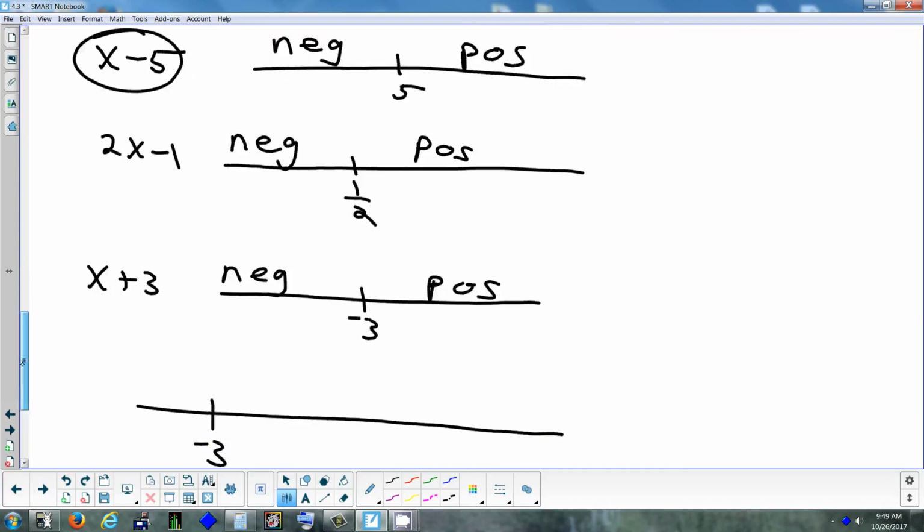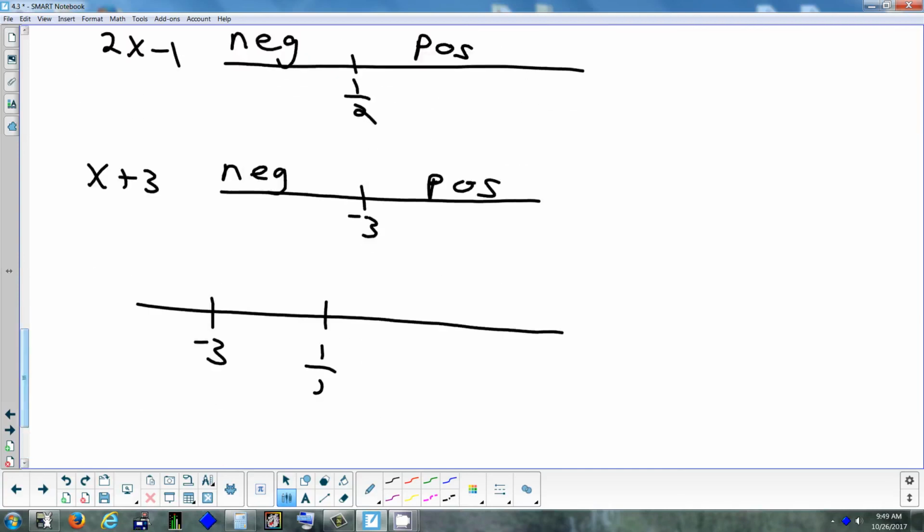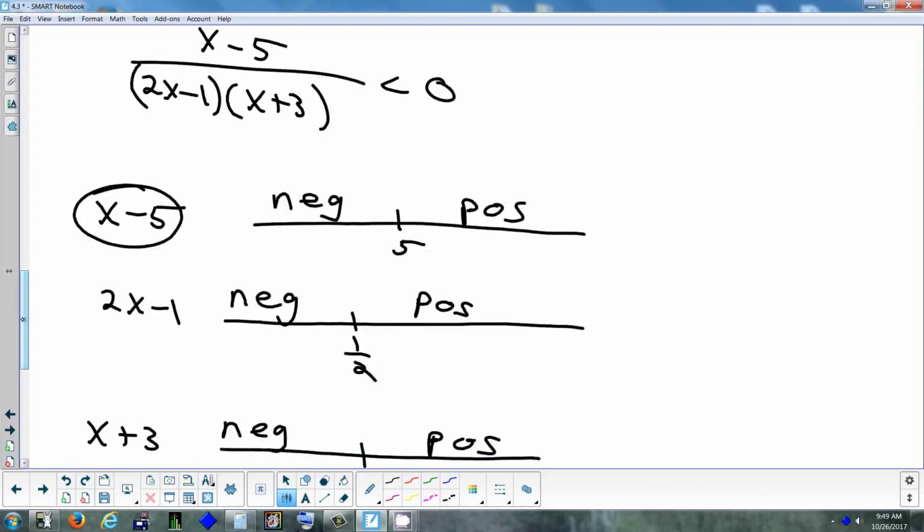So we've got negative 3, 1/2, 5. That is not to scale. Okay, I just need my 4 sections. Let's look at what happens if we plug in a number less than negative 3 into all of them. If I plug a number less than negative 3 into the top one, what do I get? A negative in the top, divided by, let's check the next one.